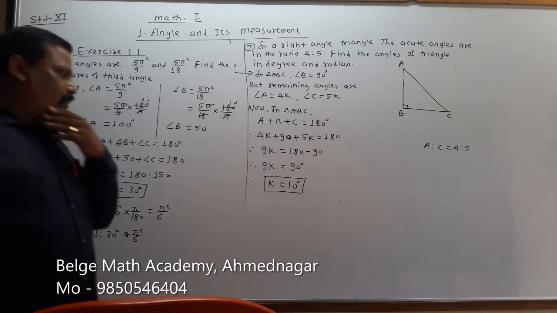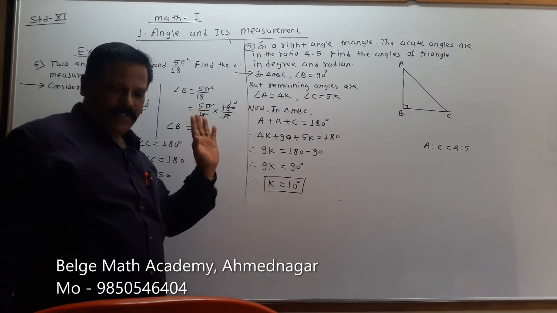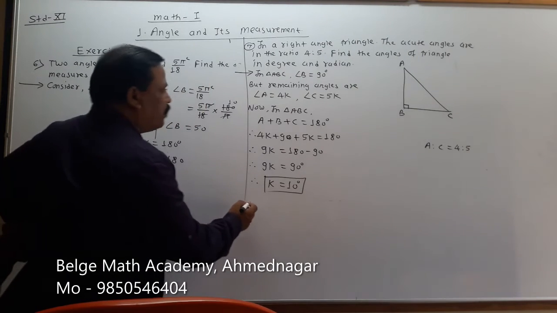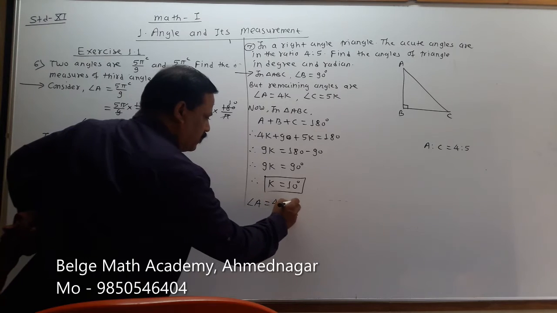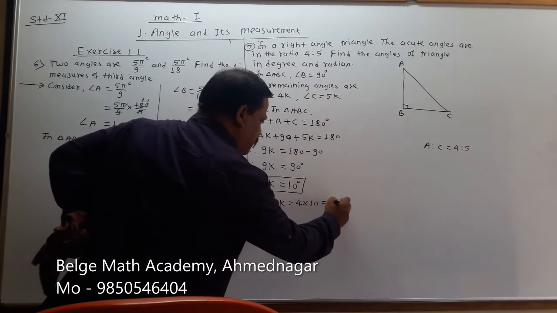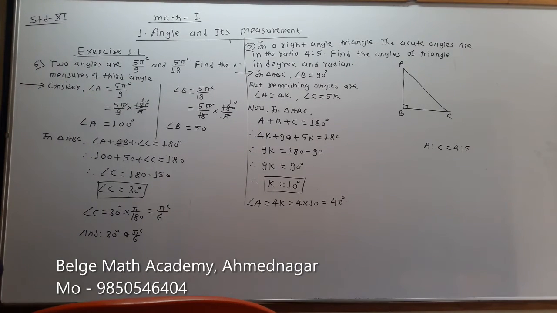Now this constant multiple multiplies the angles, then we get the required answer. Now see this. Angle A is equal to 4K, so 4 multiplied by 10, multiplication is 40 degrees.